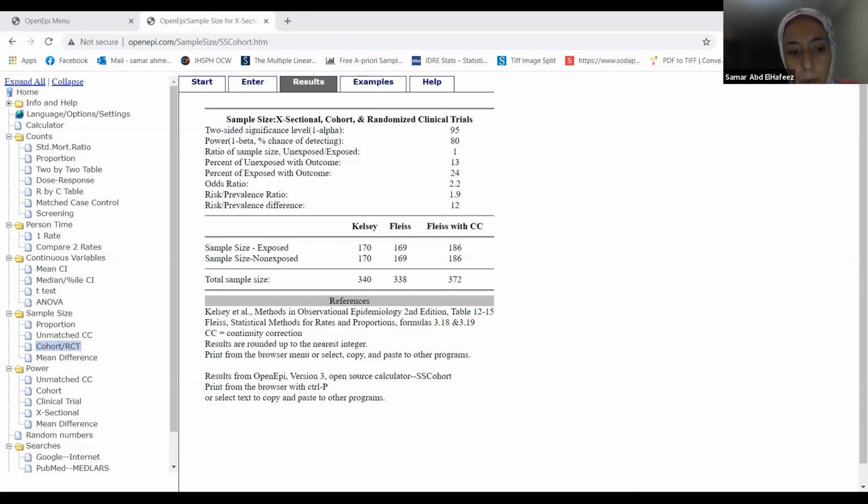It's an assumption, okay? In this case, I will use another software calculator based on the correlation. I will put it here on the chat for you. And instead of OpenEpi, I will use another calculator.